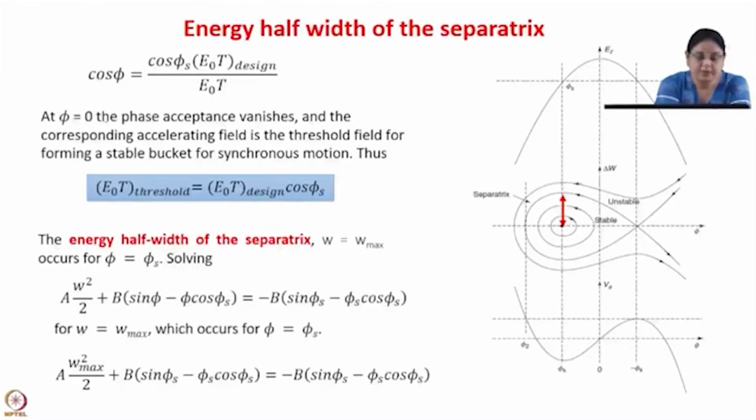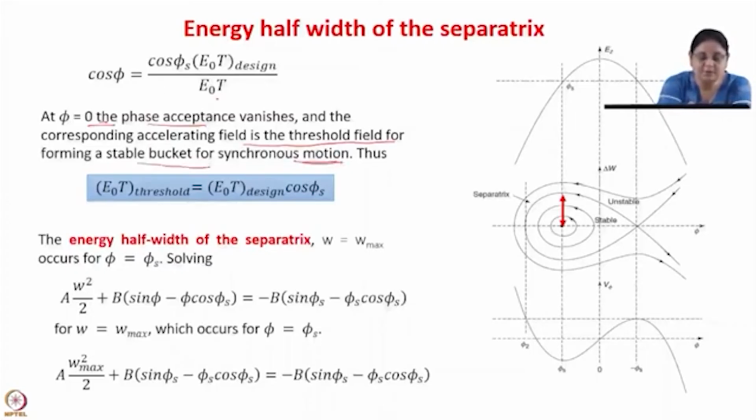Now at phi is equal to 0, we know that the phase acceptance vanishes. So the width of the separatrix is 0 at phi is equal to 0. If the synchronous phase increases beyond that, there is no phase stability. So the corresponding accelerating field is the threshold field for forming a stable bucket for synchronous acceleration.